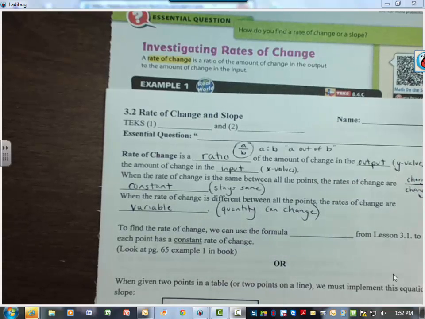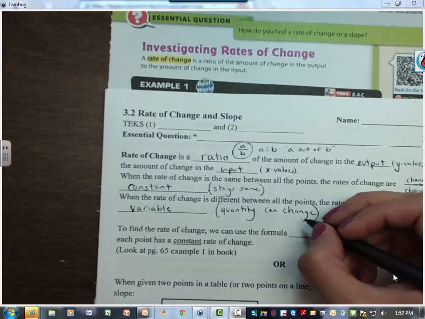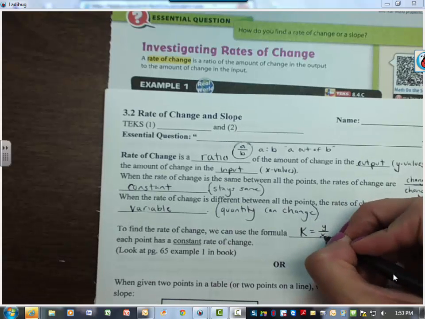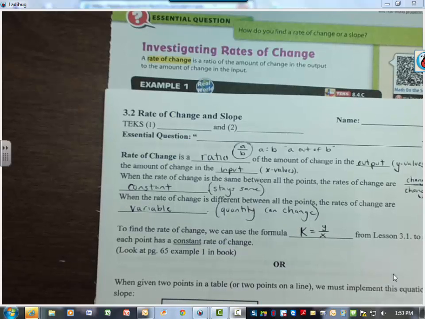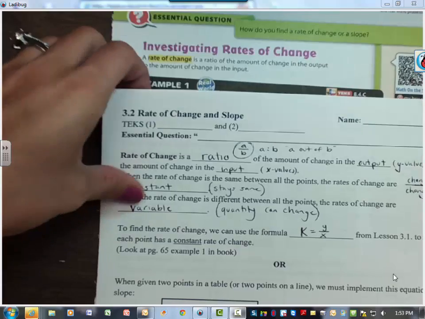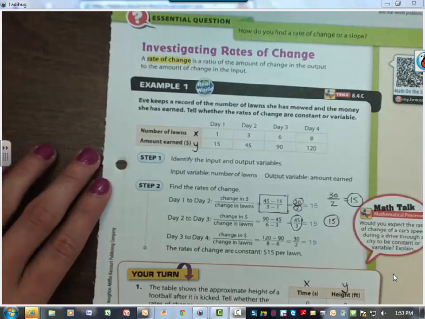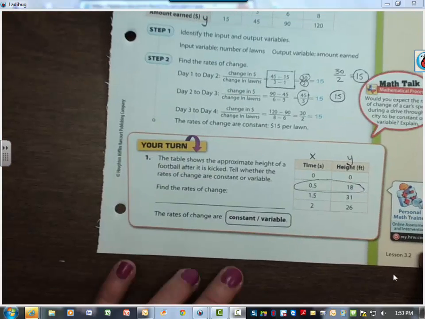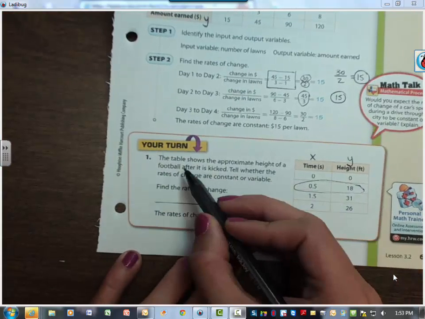Now, this looks very familiar to what you learned in 3.1. To find the rate of change, we can also use the formula from 3.1, k equals y over x, which is our constant of variation. We can look at the bottom of page 65 at the example that says your turn. The table shows the approximate height of a football after it's kicked.